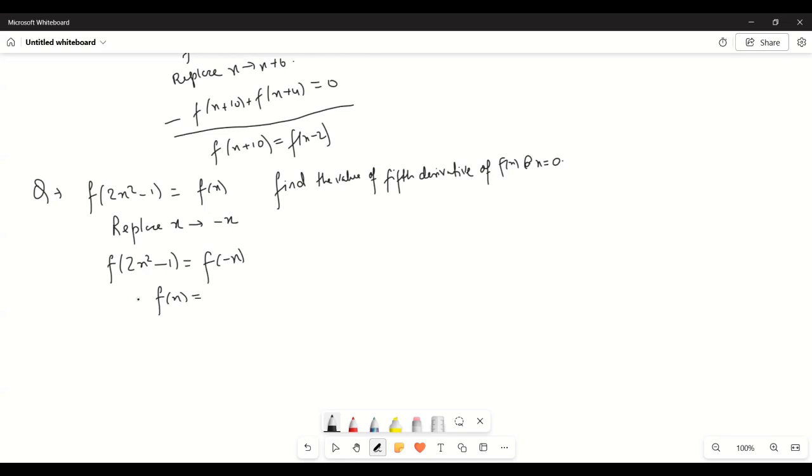Can we say that this implies f of x is equal to f of minus x? Because the left hand side is the same in both. Which means fx is an even function. Clear?